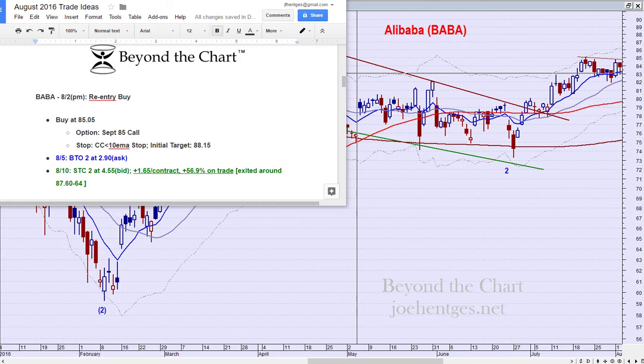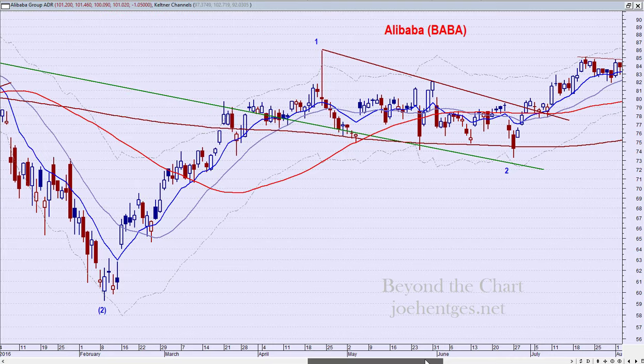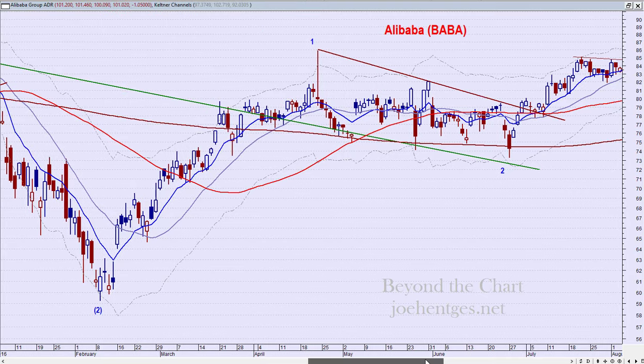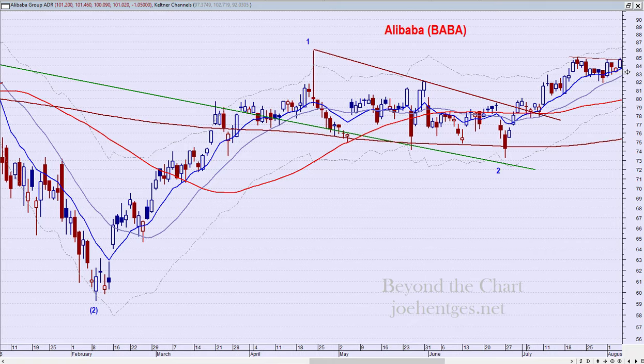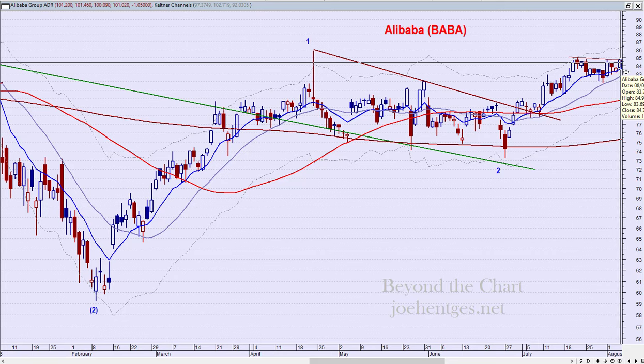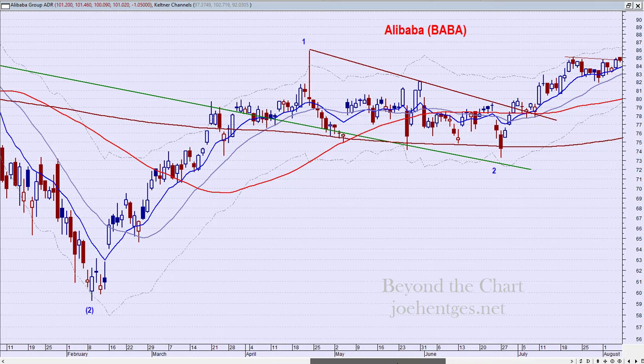So here's the 2nd, so let's move forward a couple days and see what happens. The next day, it kind of pulled back, nothing happened. And then the next day, which is August 4th, we still did not get entry, just almost got there. And then the very next day, we did get it just barely.